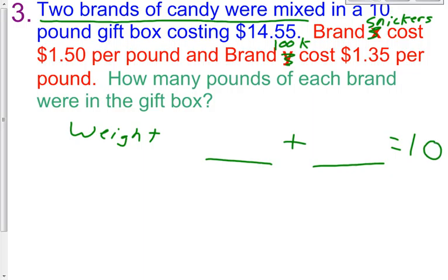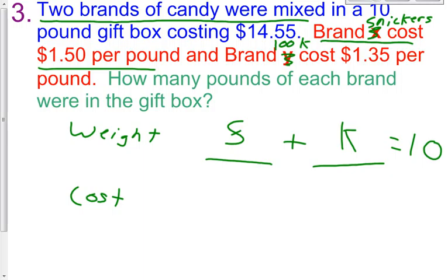So we'll say Snickers will be our S variable, and 100 Grand, we'll call that our K variable. Snickers plus 100 Grand equals 10 pounds. Our next one is going to be the cost equation. So it costs $1.50 per pound of Snickers.